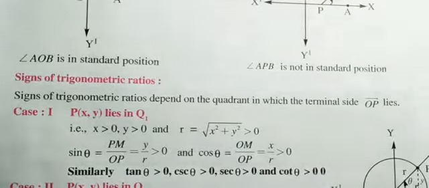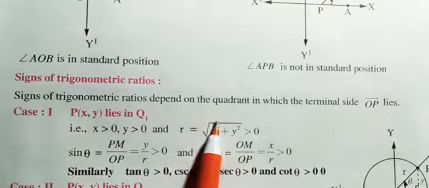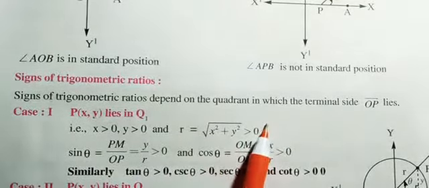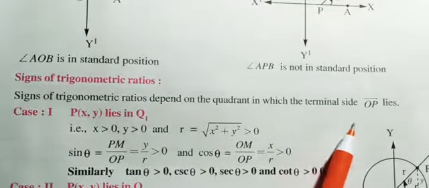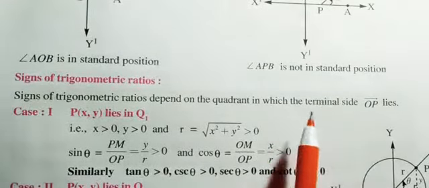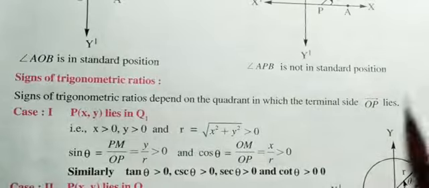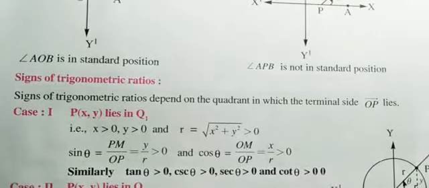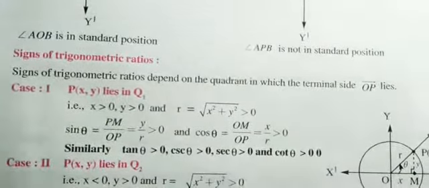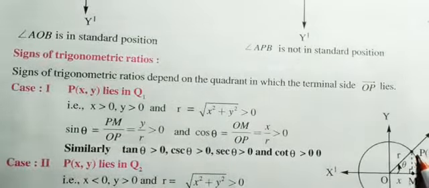Those are the trigonometric ratios. Now here, first, what is given is that the sign of a trigonometric ratio depends on the quadrant in which the terminal side OP lies. OP means this OP. This is the OP, that is, if we take any point P, x comma y.